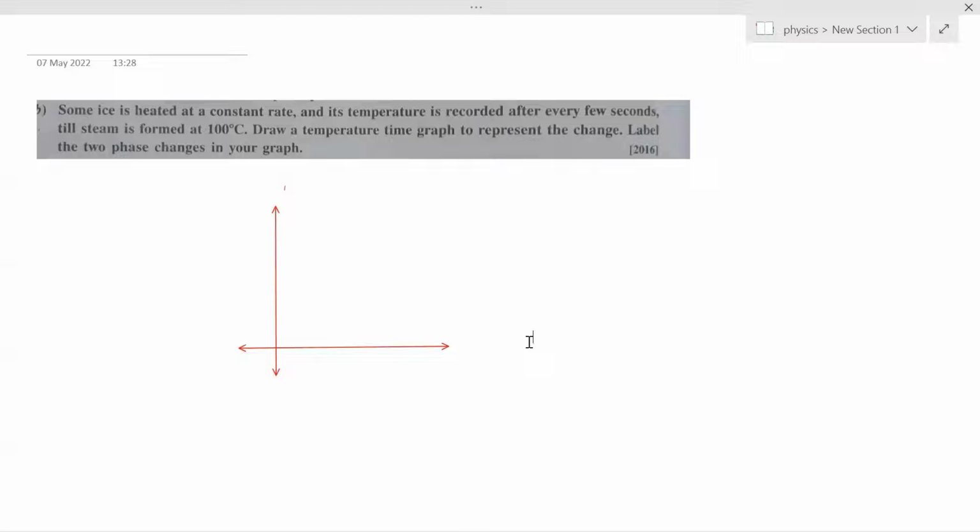Sir, this one. Yes, we have to make the graph and show the two phase changes. First, when ice changes to water at 0 degrees Celsius, and then water changes to vapor at 100 degrees Celsius. Okay. Try down and share me the image. Yes, sir, I'm making.